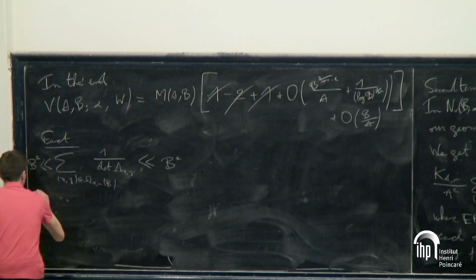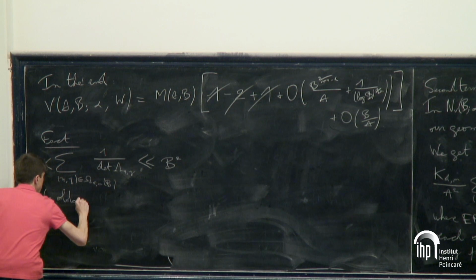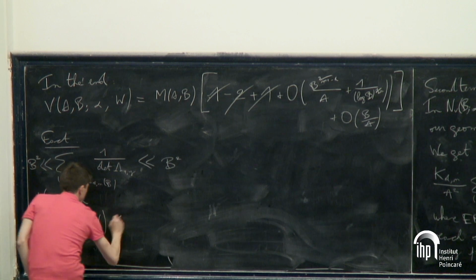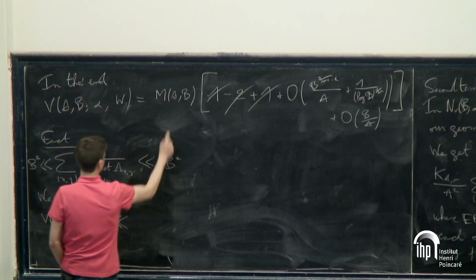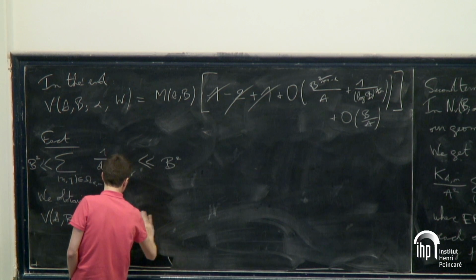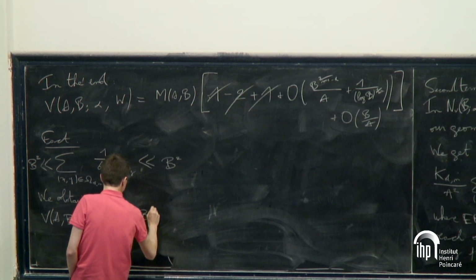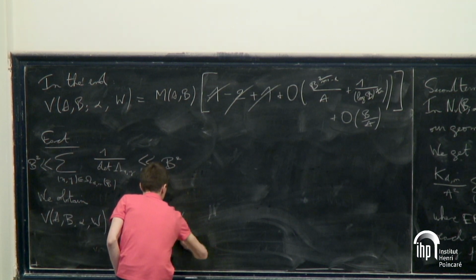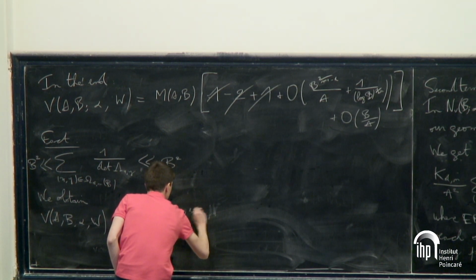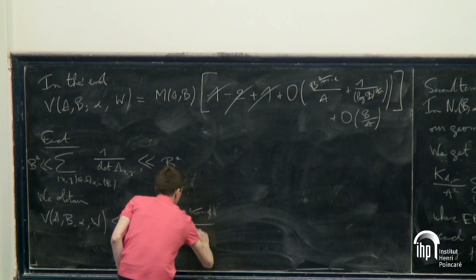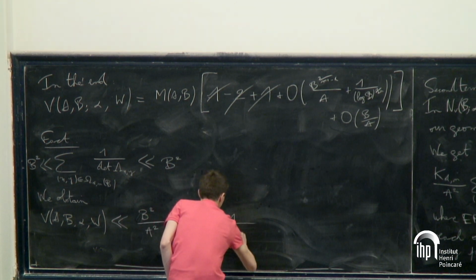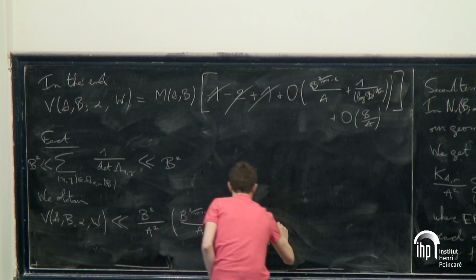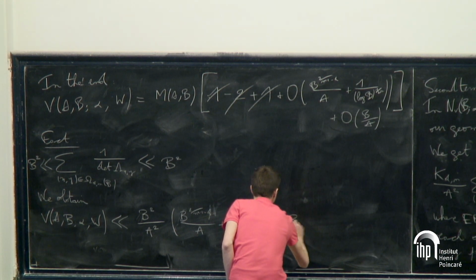So in the end, we obtain V of A, B, alpha, W is less and less than, so in here we had 1 over a squared times b squared, so b squared over a squared times b to the 2 over n plus 1 minus d over a plus 1 over log b to the 1 over 2n plus b over a.